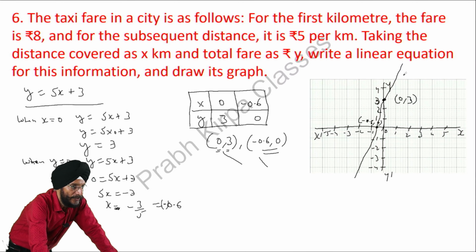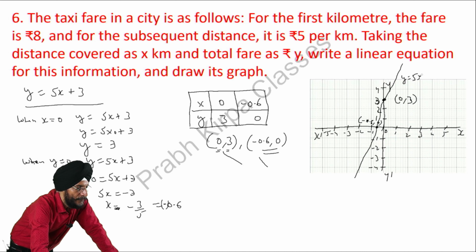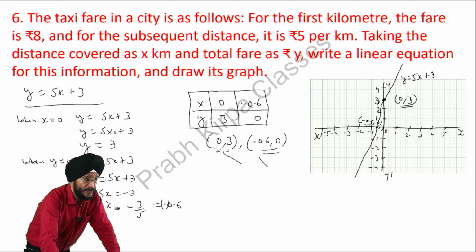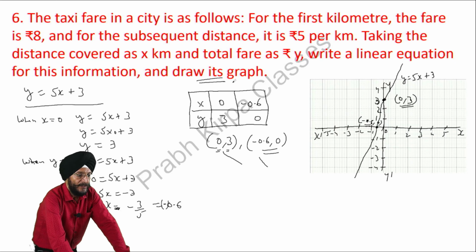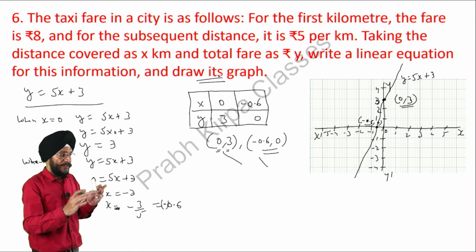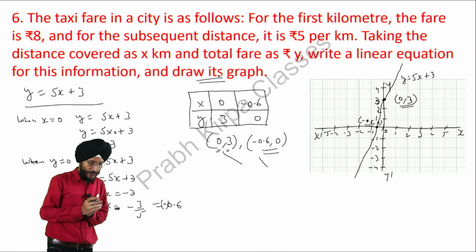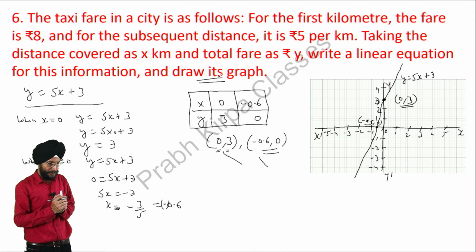Here we will also write the equation y is equal to 5x plus 3. We have drawn this solution. We have also mentioned here minus 0.6, 0. So here we have formed the graph on the basis of the solutions which we had arrived at.